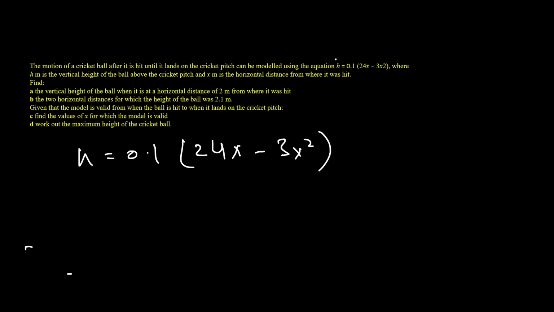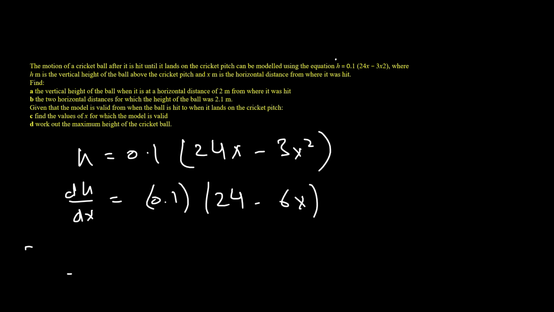So we'll differentiate this with respect to x. So dh over dx is equal to 0.1 times 24 minus 6x, and we will put it equal to 0 to get the value of x for which the height will be maximized.